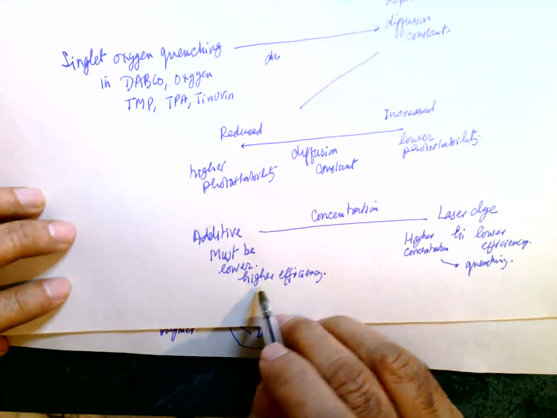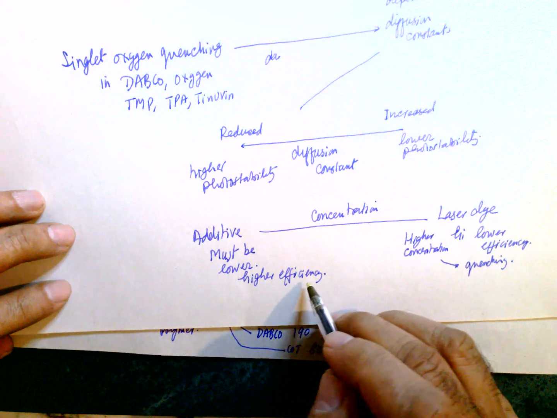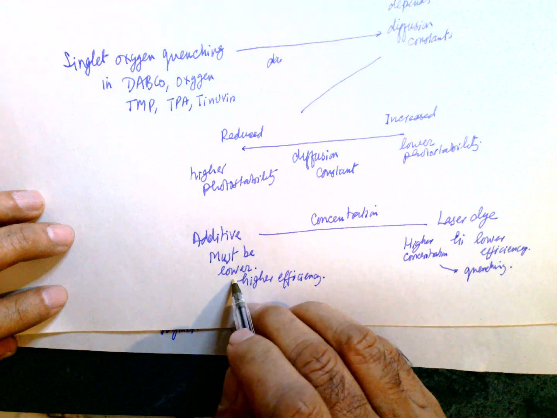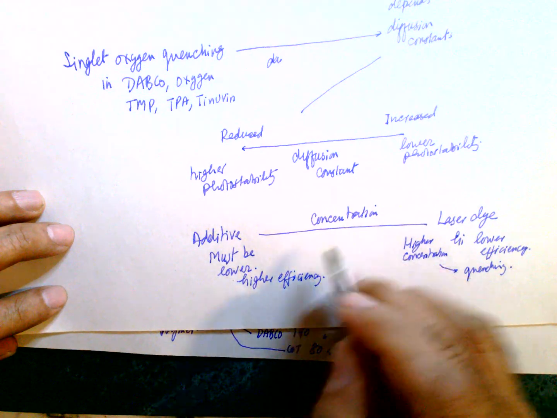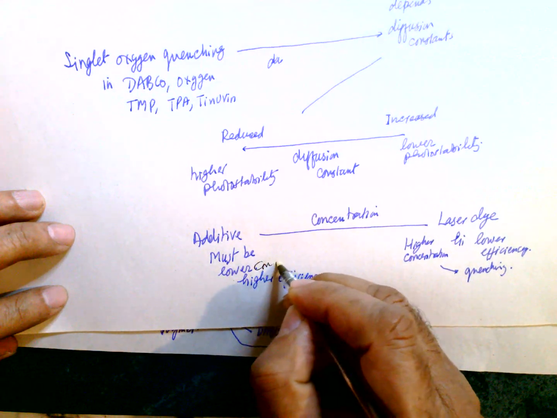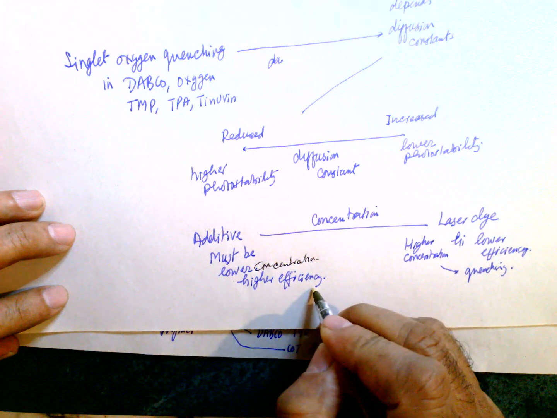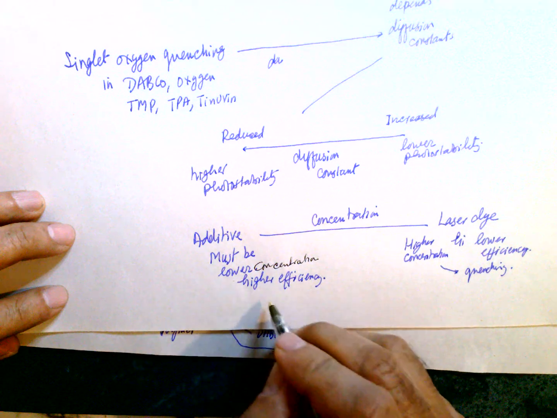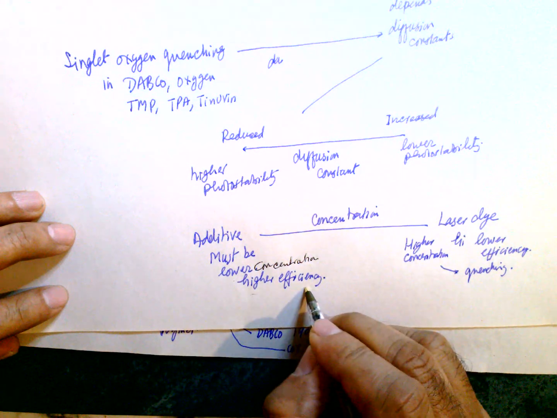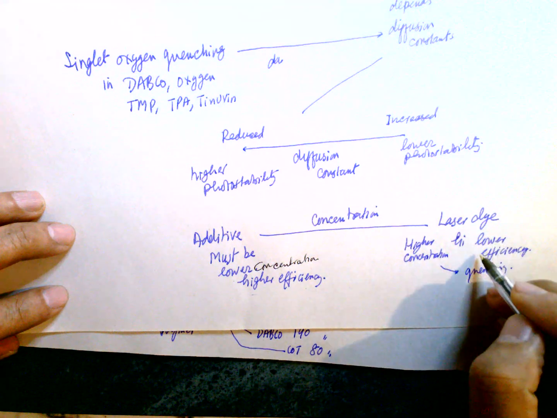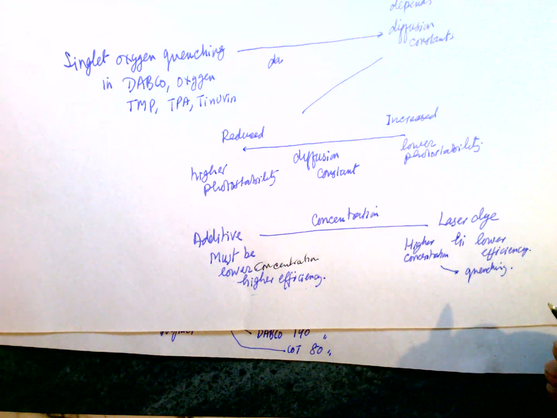So the additive must have higher efficiency. A higher additive must have a lower concentration, then it has higher efficiency. So for laser dye, higher concentration, lower efficiency.